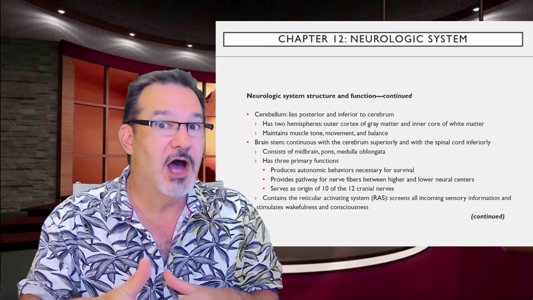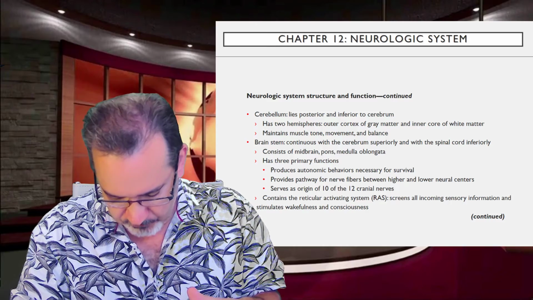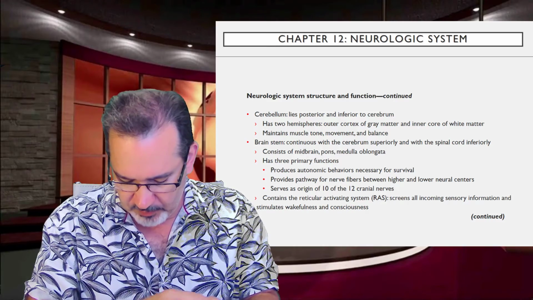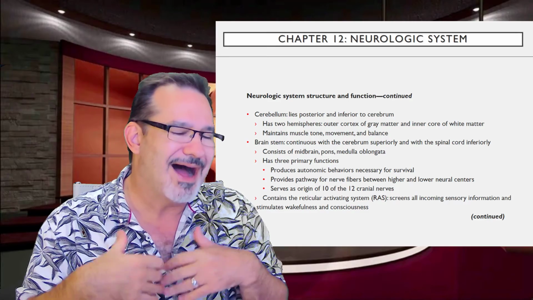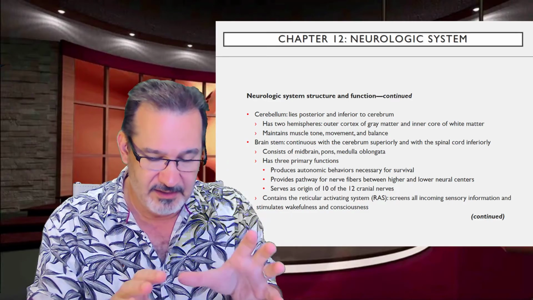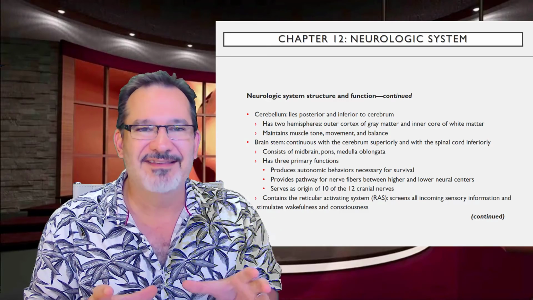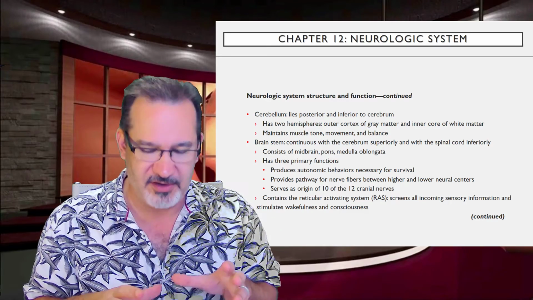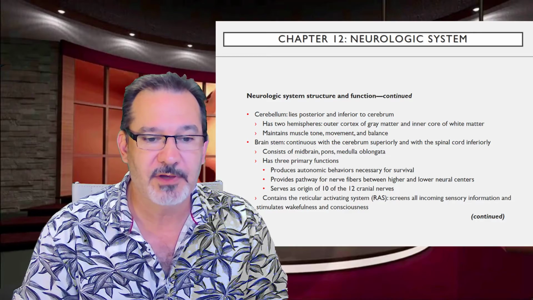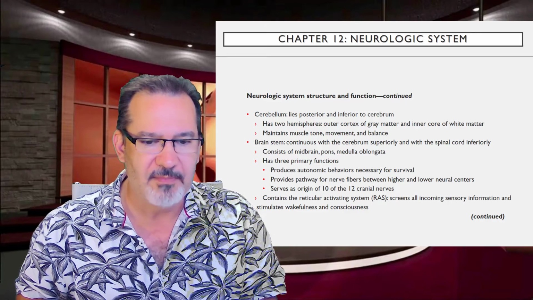So these are unmyelinated. Within the cerebrum lies the white matter, or myelinated. Inside the cerebrum are these nerve cells protected by a myelin sheath.